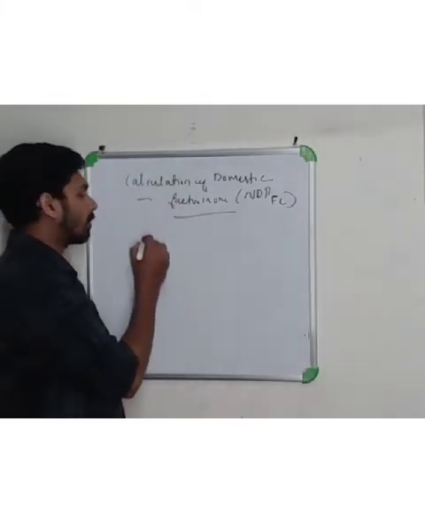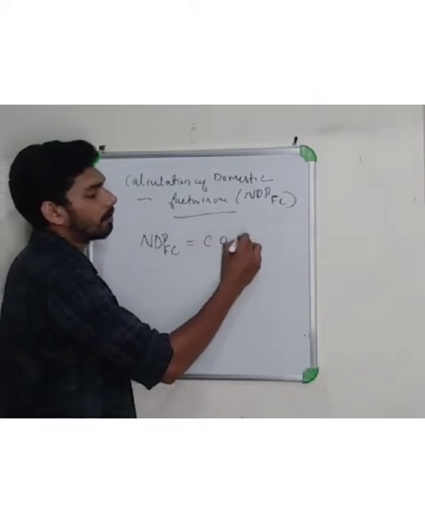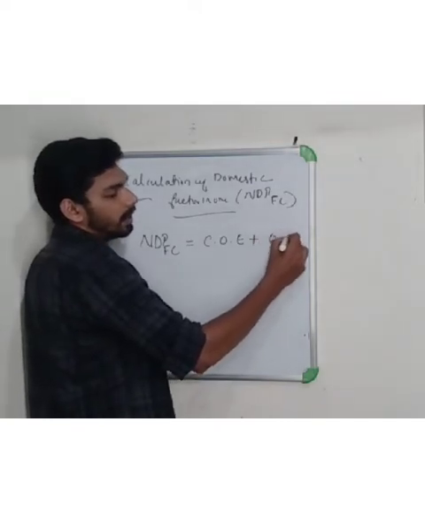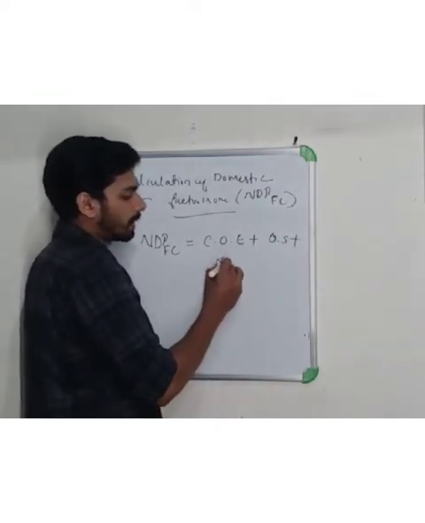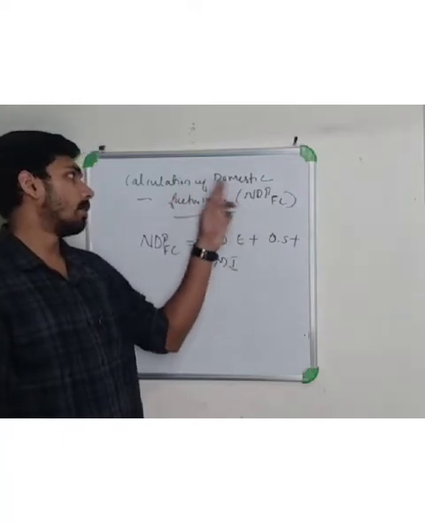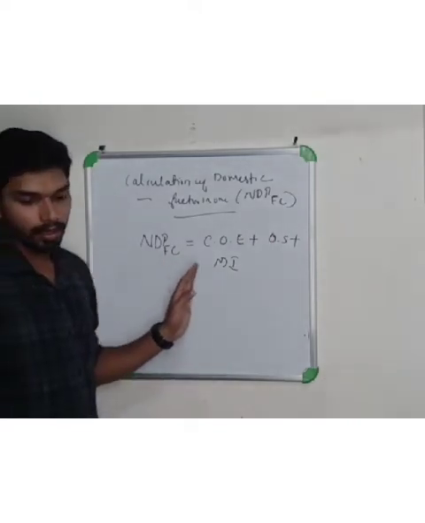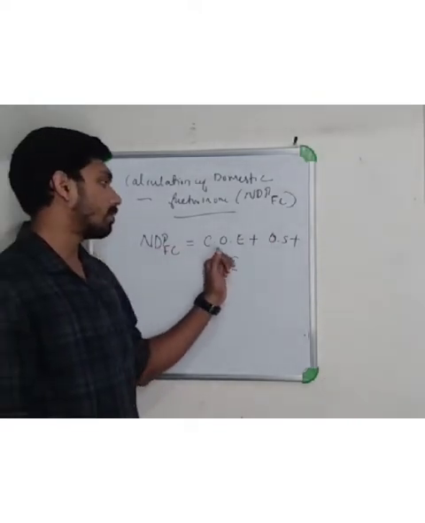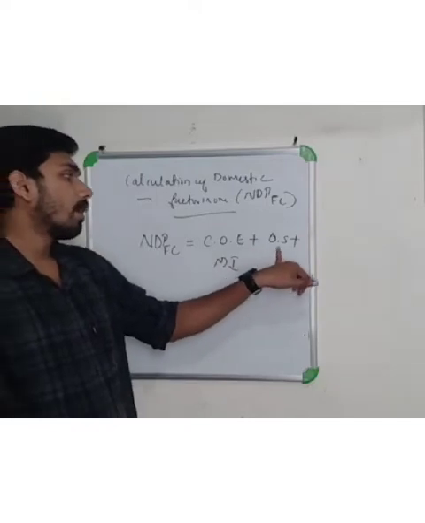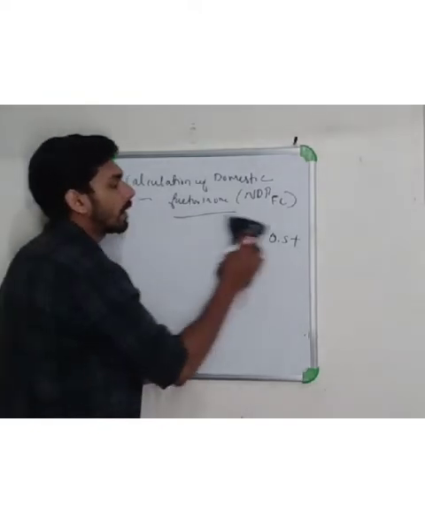The formula is: NDP at factor cost equals COE plus OS plus MI, that is, compensation of employees plus operating surplus plus mixed income of the self-employed. Now another important step is what?